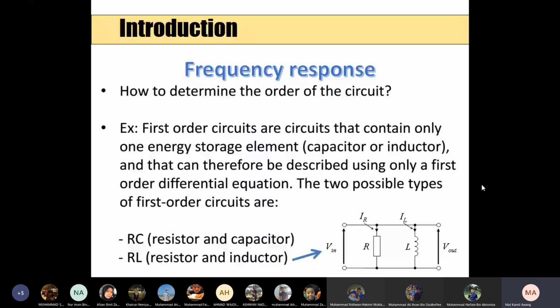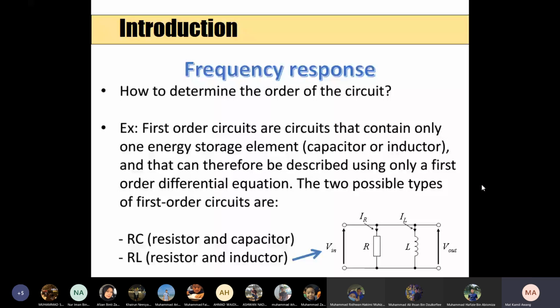Whether the circuit is first order or second order. Basically, in order for you to determine whether it's first order or second order, you look at the circuit itself. You look at the storage elements, the L and C's, the inductors and capacitors. So that's how you check whether it's first order or second order.